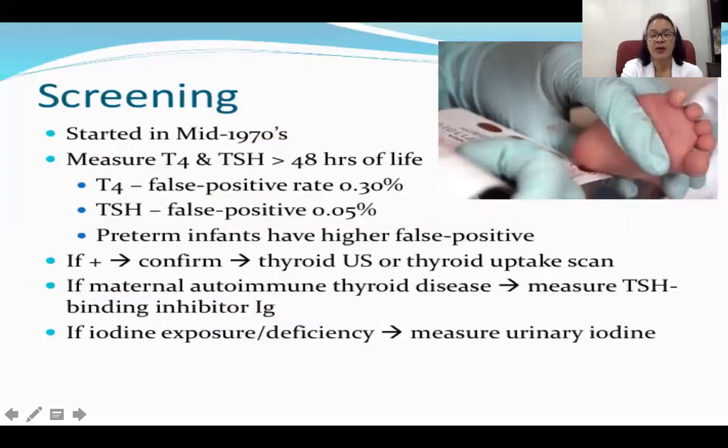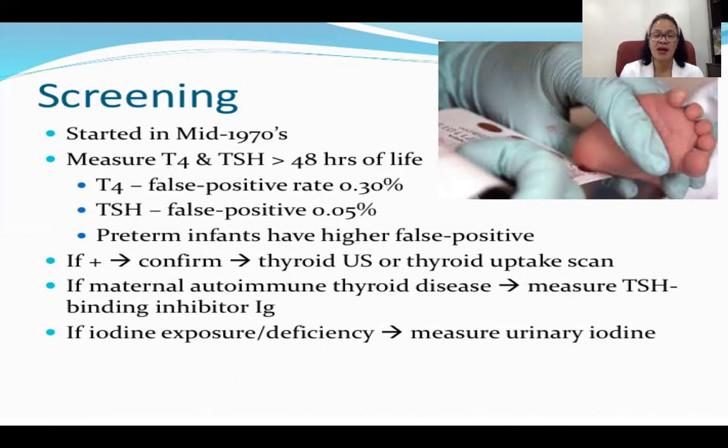So for the screening, you need, of course, to measure the T4 and TSH during the 48 hours of life. But sometimes there might be some false positive rates. Okay, so you need to have confirmatory tests. So if positive, no, you need to confirm. You have to look for the possible cause.